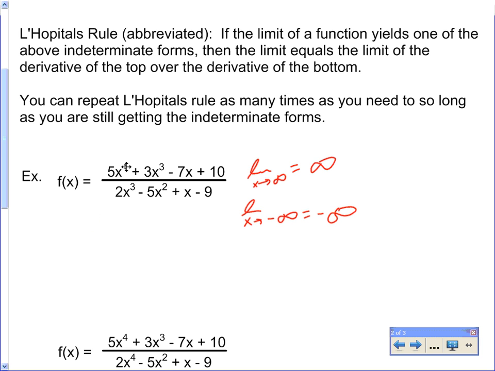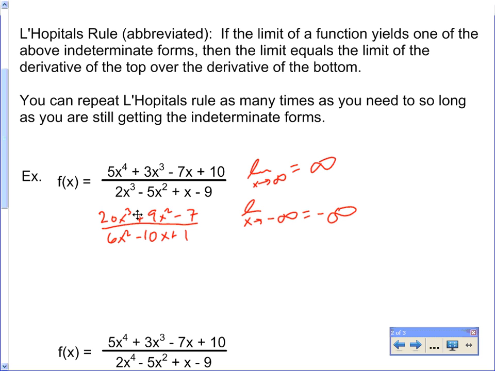And really, I don't need to worry about these derivatives, because I know eventually as I continue taking the derivative, these are going to go away, but we'll just go through it. So the first derivative is going to be 20x cubed plus 9x squared minus 7 over 6x squared minus 10x plus 1.